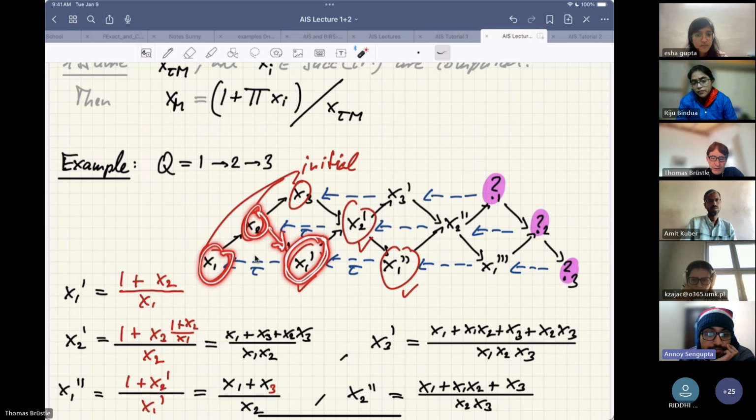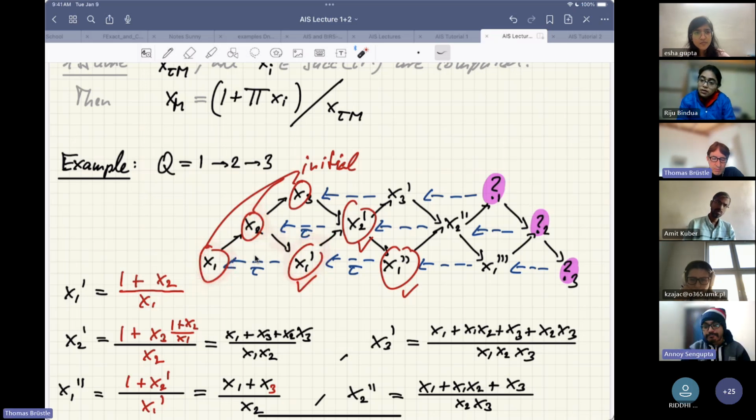Now the product of everybody that goes into x1 prime is the product of everybody that leaves tau of it, because I have this symmetry.